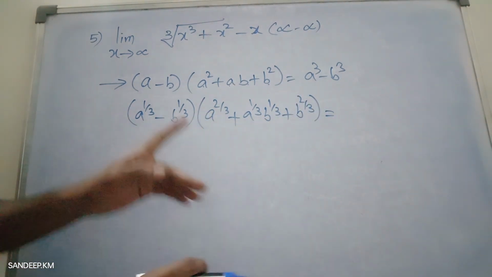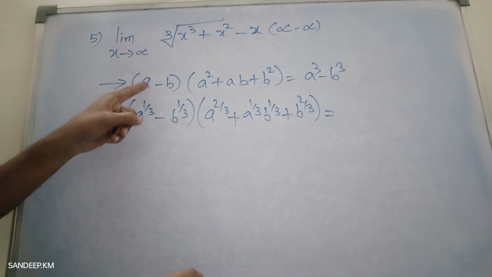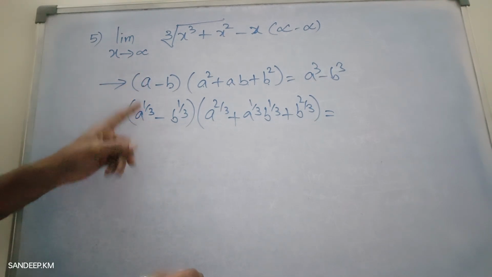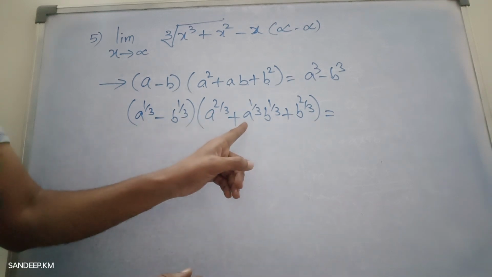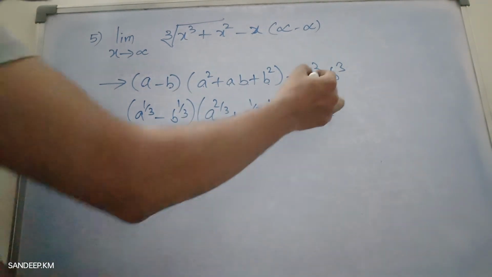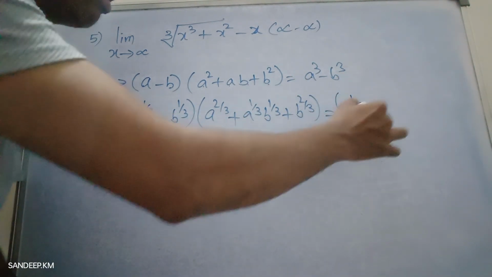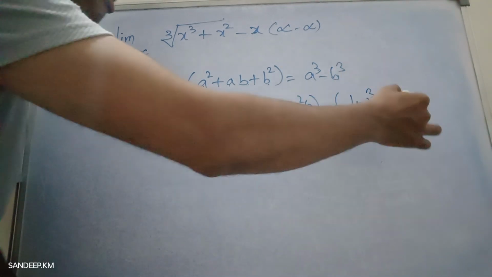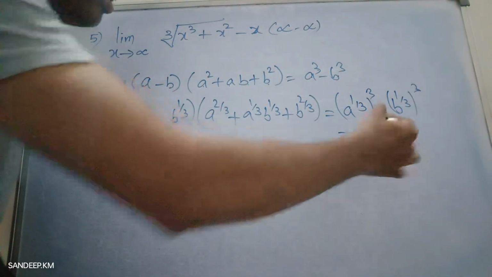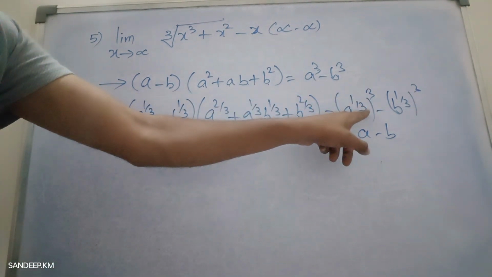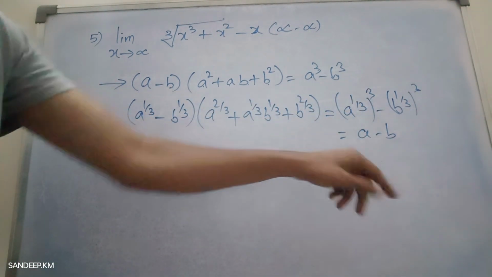Very simple. In LHS, instead of a, I have taken a power 1 by 3, and instead of b, I have taken b power 1 by 3 everywhere. Then in RHS also, instead of a, you take a power 1 by 3 whole cube, and instead of b, you take b power 1 by 3 whole cube. So what do you get? A minus b, because power 3 and by 3 will get cancelled.